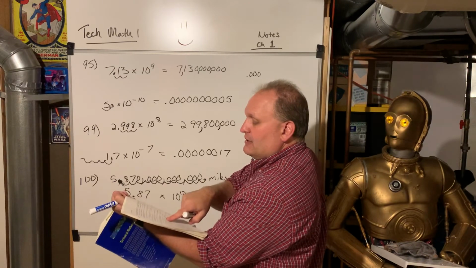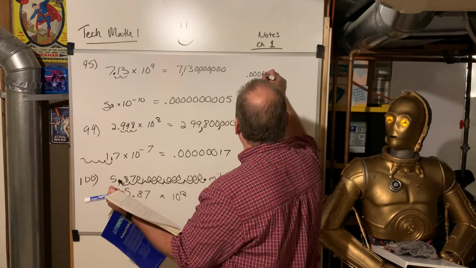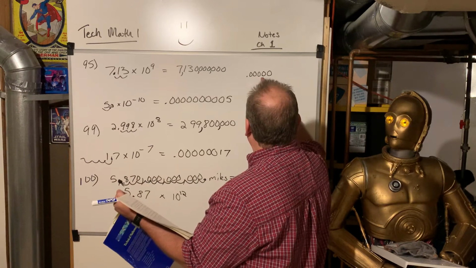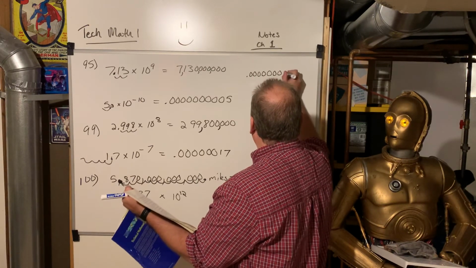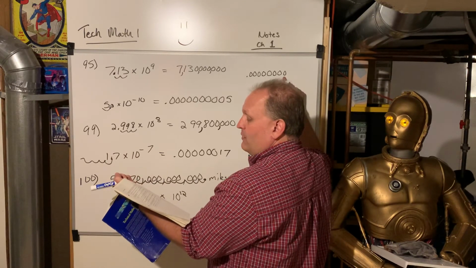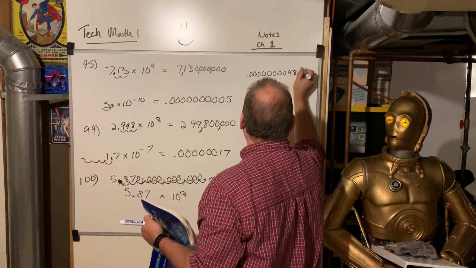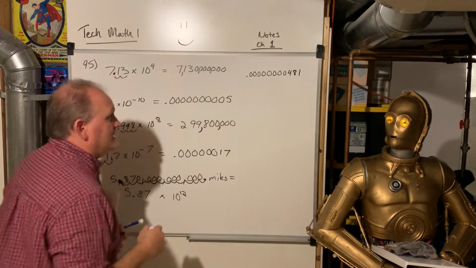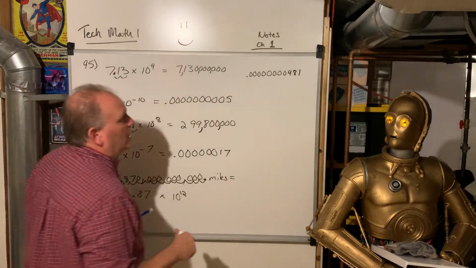What do we got here? 8. 1, 2, 3, 4, 5, 6, 7, 8. So point and then 8 zeros and then 481. So now we want to get this to be a number between 1 and 10.